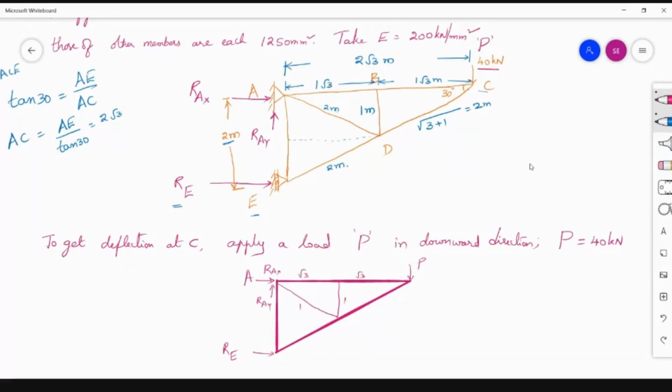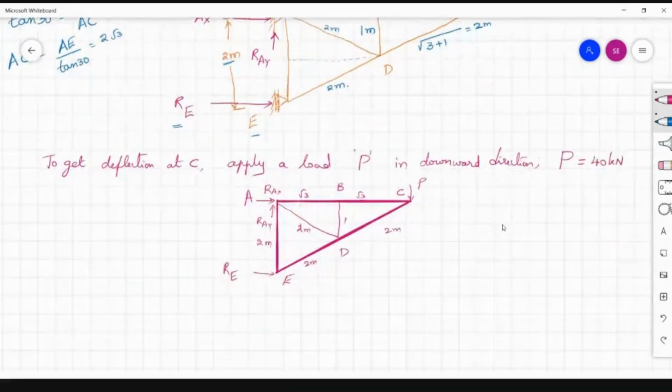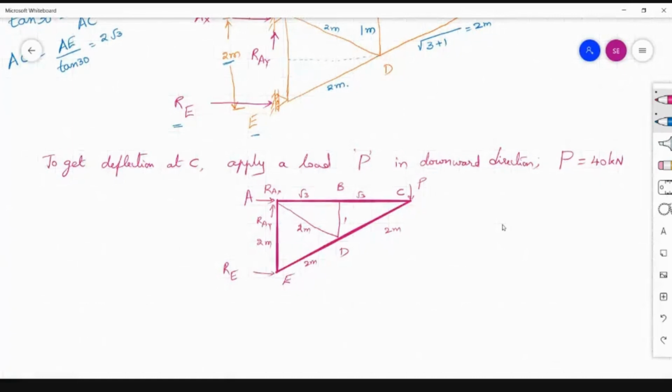This is 1 meter, this is 2 meters, this is 2, and this is 2. Here is the joint C. This is B. As per Castigliano's theorem, wherever the deflection is required, there a load is to be considered. That load we are considering as capital P. Already in the external load system, 40 kilonewtons is acting. That's why this P is equal to 40 kilonewtons.